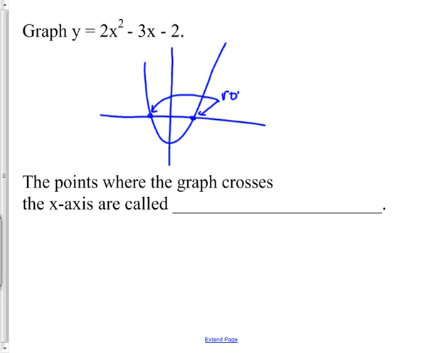Say these are the roots, x-intercepts, zeros, and the solutions. Those spots where it touches are the x-intercepts, the roots, the zeros, and solutions.